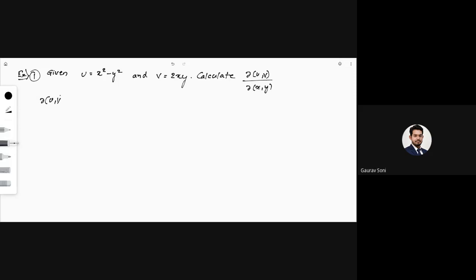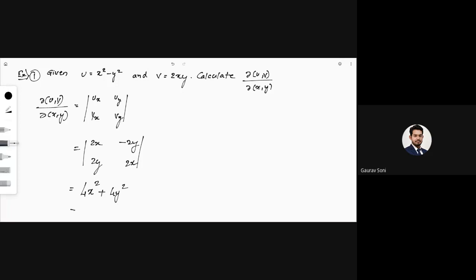The Jacobian of uv with respect to xy is equal to the determinant of ux, uy, vx, vy. So this is the determinant. Derivative of u with respect to x is 2x. Derivative of u with respect to y is minus 2y. V with respect to x is 2y, and v with respect to y is 2x. So this is 4x square plus 4y square, which is 4 times x square plus y square.